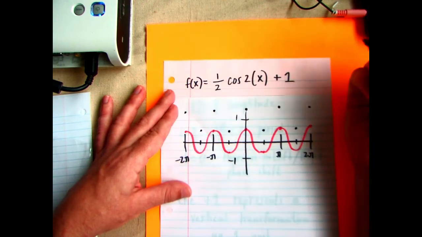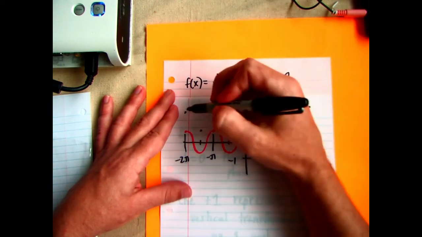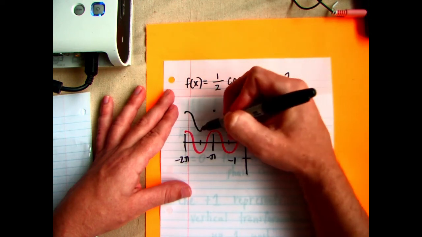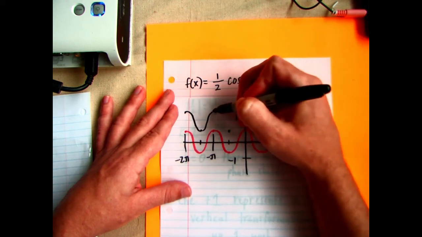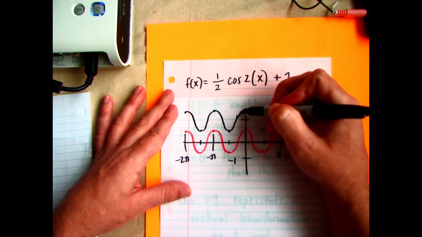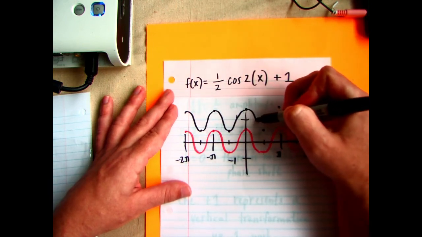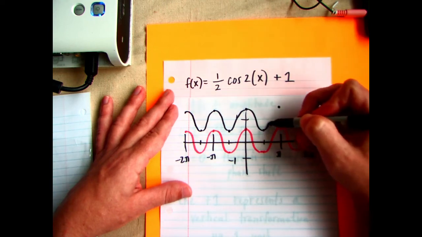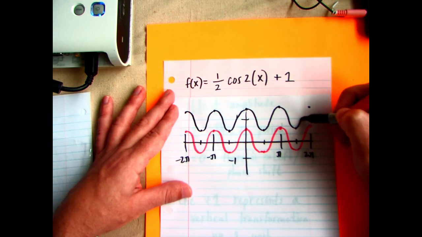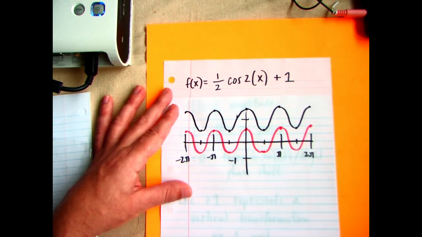So basically I'll be left with another connect the dots kind of action. I'll keep my black graph parallel to my red graph. And I'll get this nice cosine graph as a result. Alright, so there is the final graph in black.